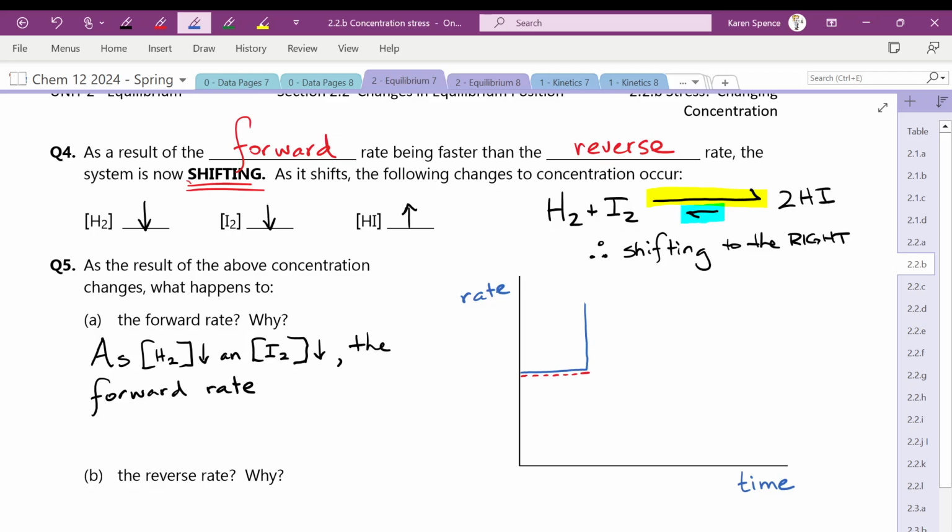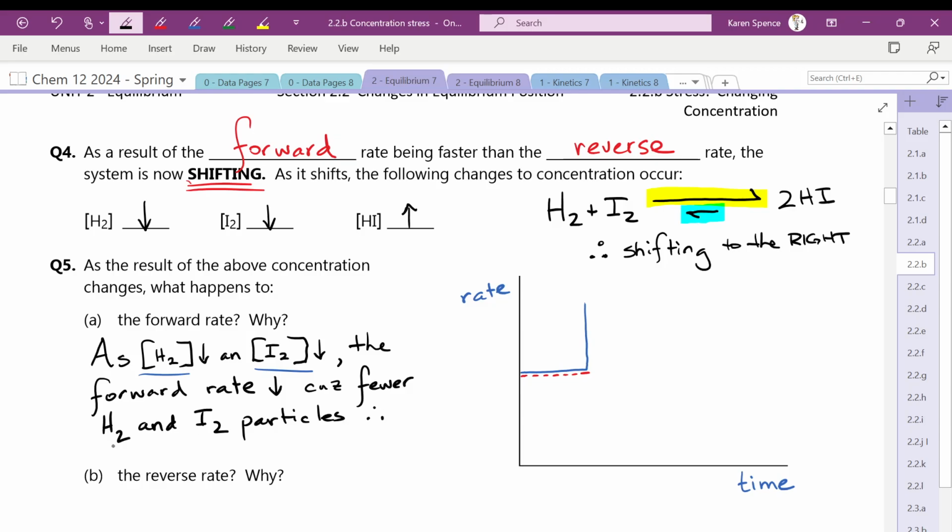It decreases because we have fewer particles and therefore we have fewer collisions. So the forward rate decreases because we have fewer H2 and I2 particles, therefore fewer collisions.